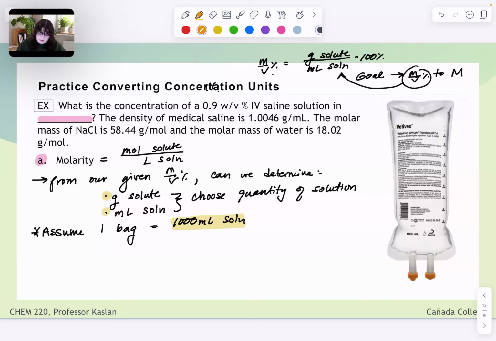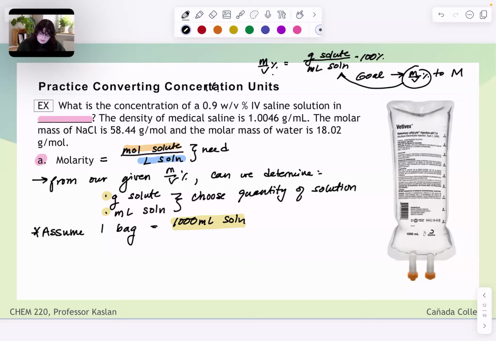So these are the components that we are ultimately going to need to find so that we can get a proportion of them, which will then give us molarity.